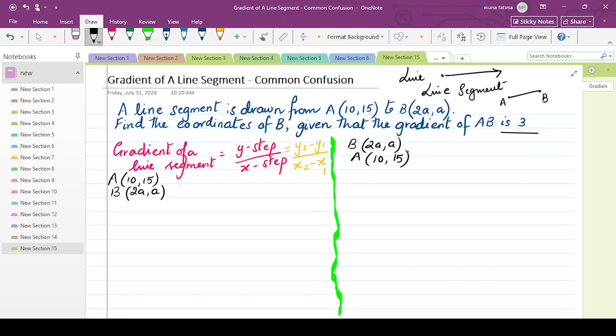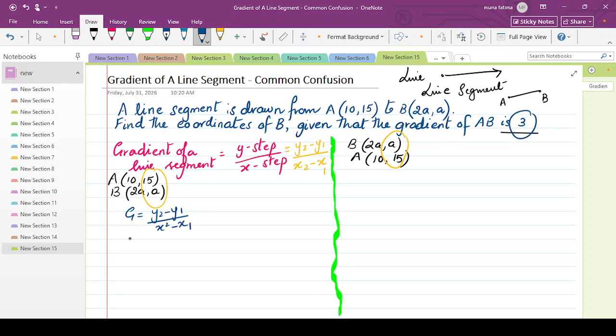Alright. Now just to identify the y coordinates, the first coordinate in the pair is x and this is y in both the cases. Let's write down the formula for the gradient: g is equal to y2 minus y1 over x2 minus x1, and g is already given as 3.